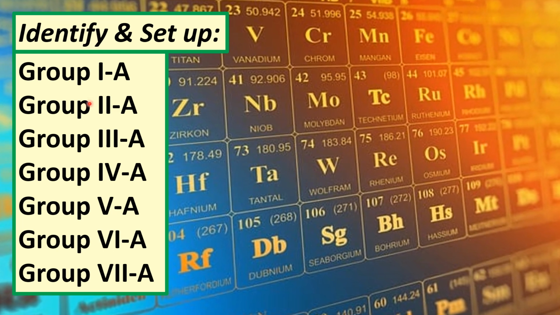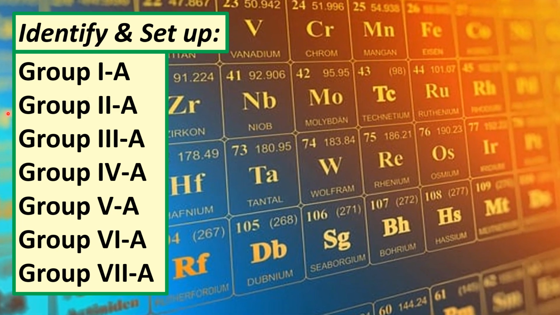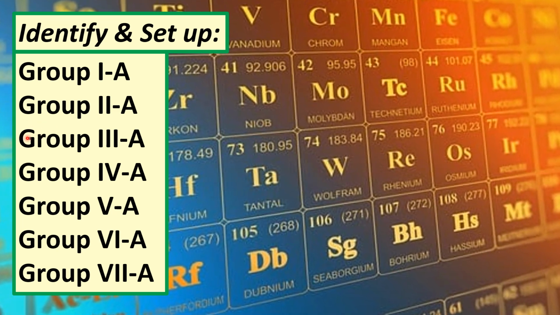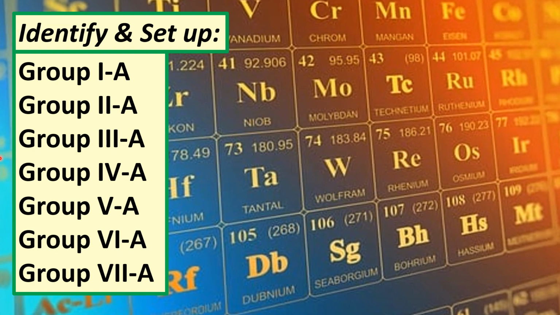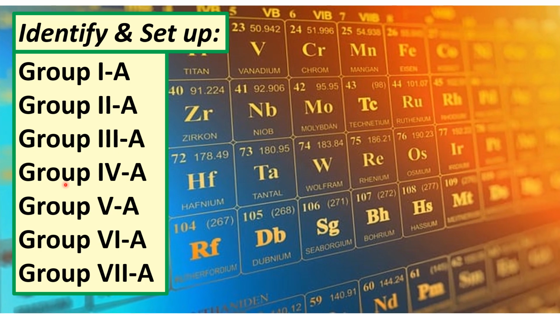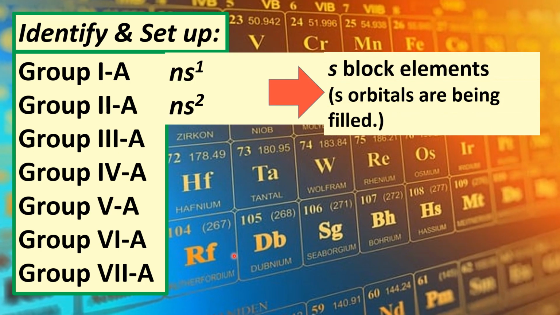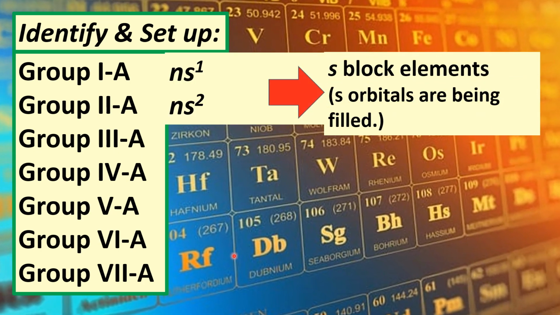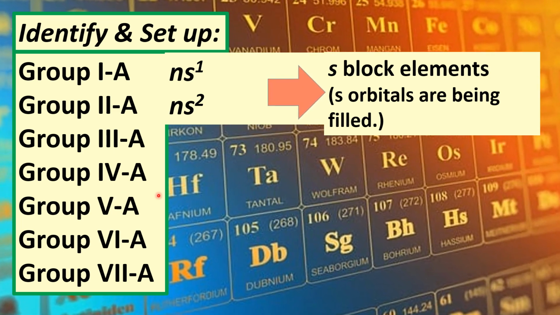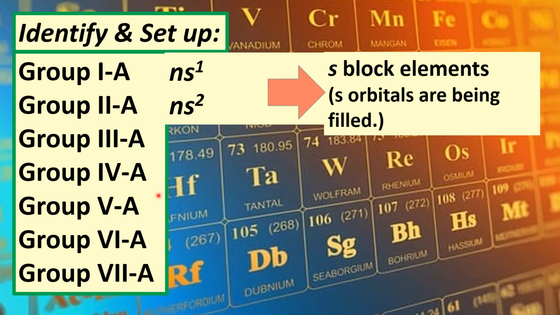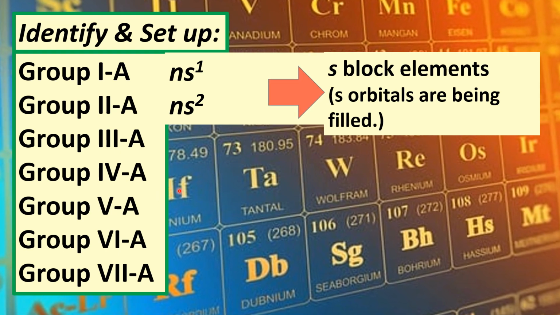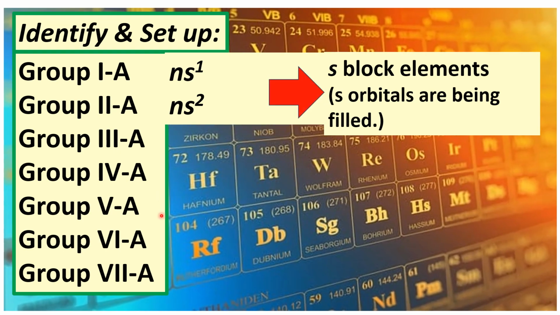A very important feature of the modern periodic table is the way the groups are classified in terms of the way their sub-energy levels and orbitals s, p, d, and f are filled with electrons. For instance, in groups 1A and 2A, their s orbitals are filled or are being filled by electrons, and hence they're called the s block elements.